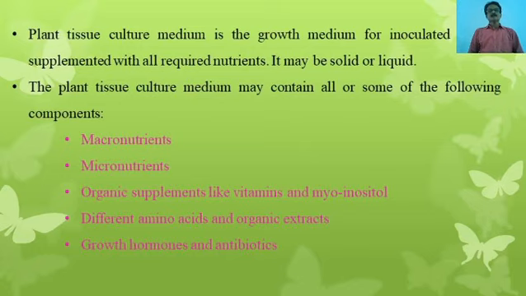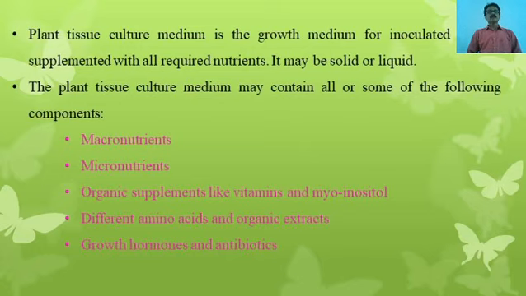Now, in routine plant tissue culture methods, we use two different types of media. One is the solid one and another one is the liquid one. Mostly, this plant tissue culture medium may not contain all the things, but it may contain all or at least some of the following components. It includes macronutrients and micronutrients, mostly in the form of inorganic salts.